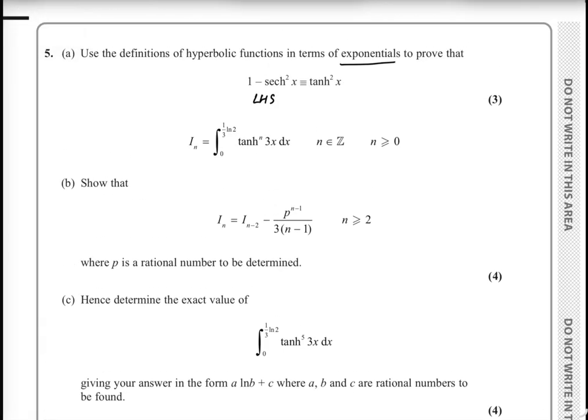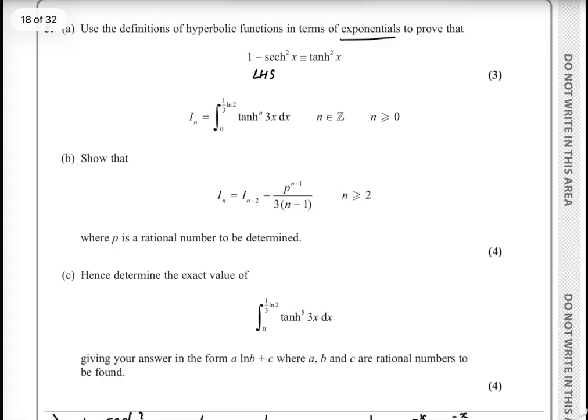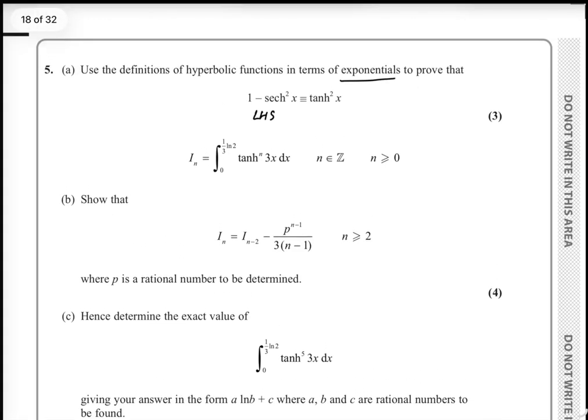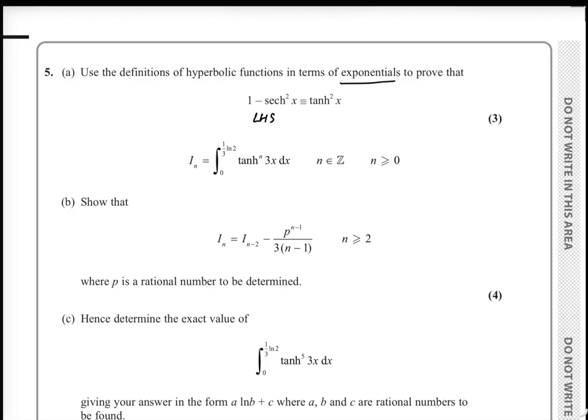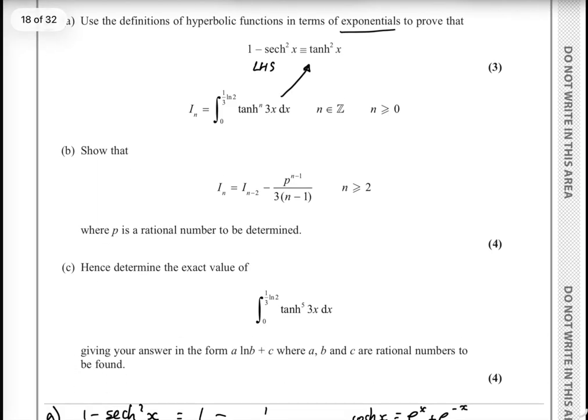Now we're told that In is equal to this fairly horrible looking integral. Show that In equals this, and obviously, although it doesn't use the word hence, we're going to be using this identity here. So I'll just play around with that straight away.